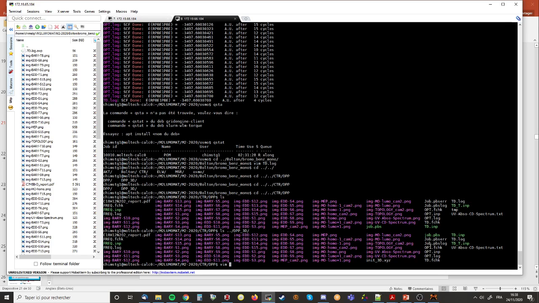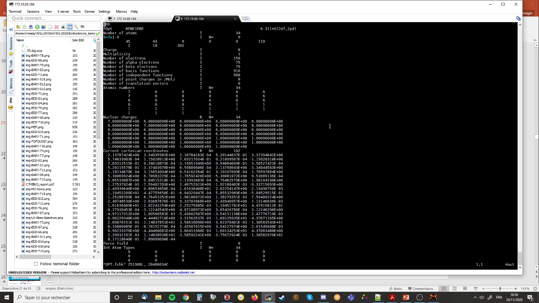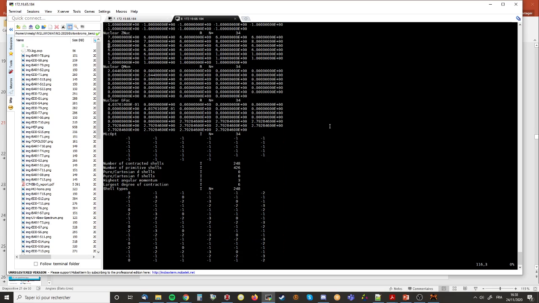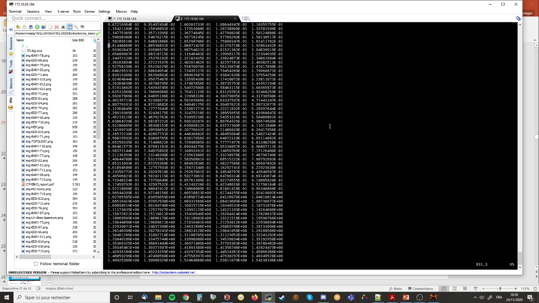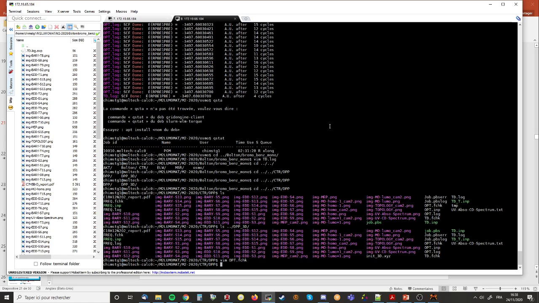If you use Notepad to open an FCHK, you will find that this is something that you can read, but there are no words. So it's only for the machine. But there is in this file the information to draw the orbitals.